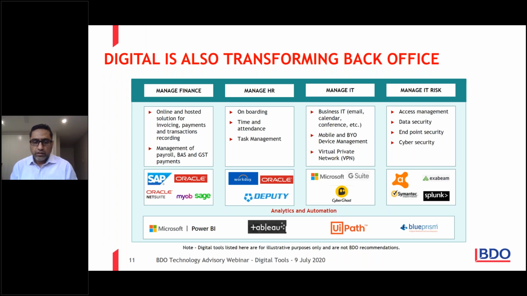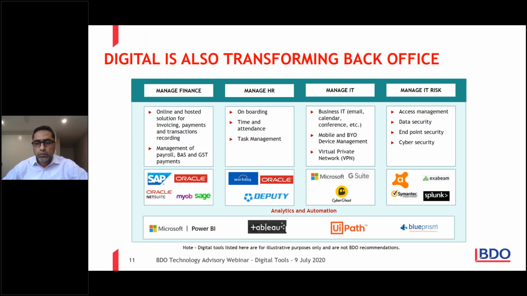The next two that you have, UiPath and Blue Prism, are where the automation is coming in. If you look at most organizations, they've got hybrid environments with multiple systems in place. There are some systems which are in their data centers and some on the cloud, and connecting all of them together in a more seamless way and creating synchronized processes across multiple systems, that's where automation capabilities are playing a big role.